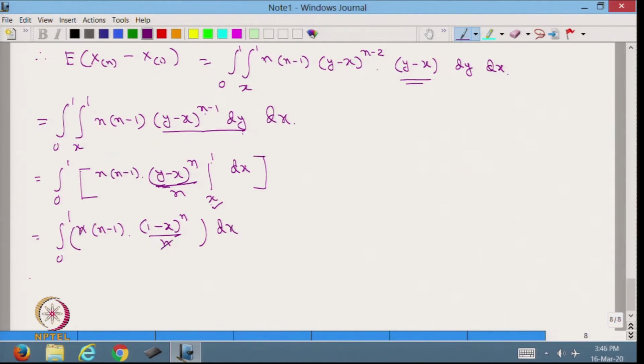dx is equal to integration 0 to 1, n minus 1 into (1 minus x) whole to the power n dx.